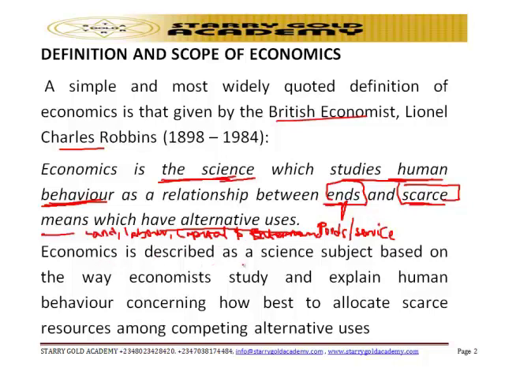So economics is described as a science subject based on the way economists study and explain human behavior. The reason why it is seen as a science subject is the manner in which human beings react with respect to the environment, with respect to their wants, how they relate to their wants and the scarce resources that are available, and also how they relate to the factors of production, which include land, labor, capital, and entrepreneur.